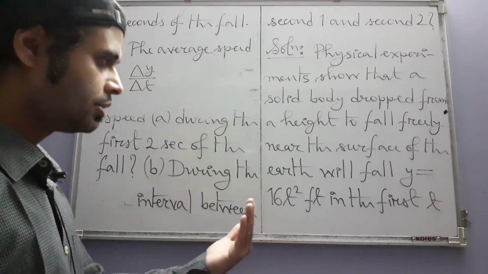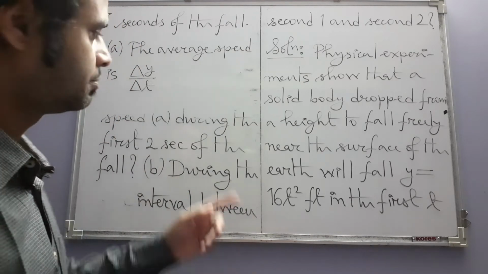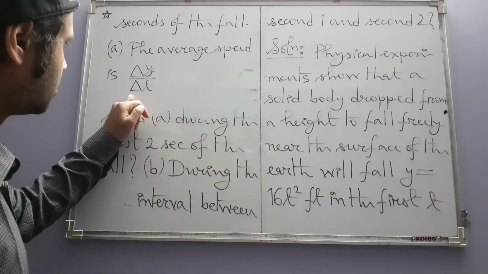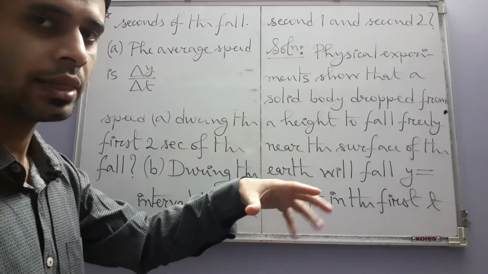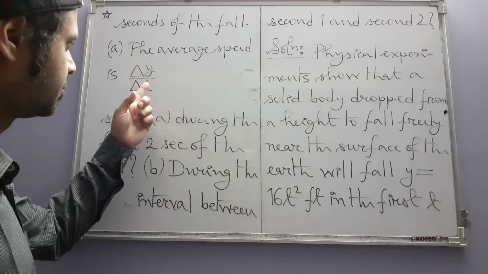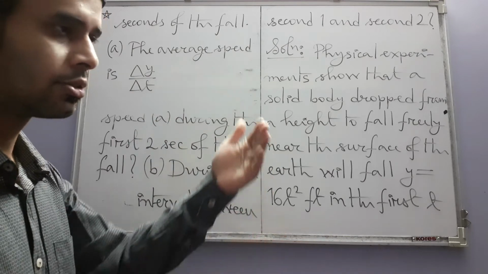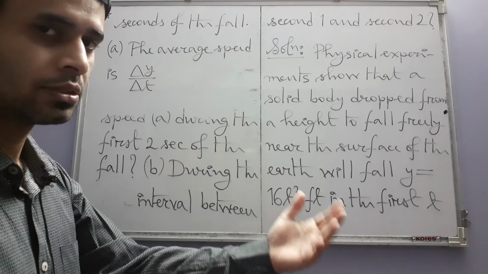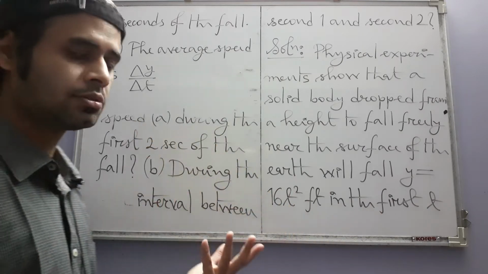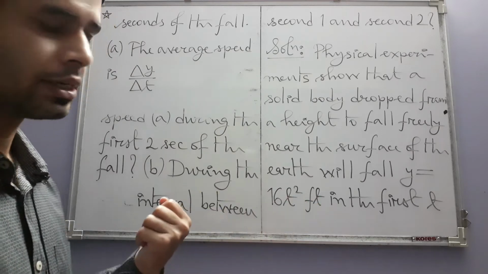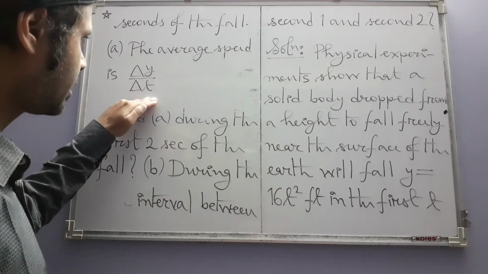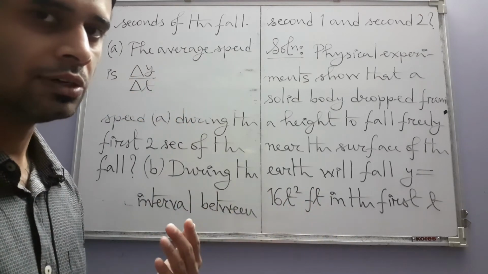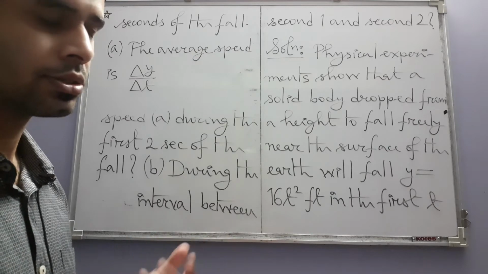Delta y is a change in the value of y. Delta t is a change in the value of t. In fact, delta t is the length of the time interval, the instant where your stopwatch stops and the instant where you started it. And during this time interval, the body has traveled a distance delta y, which is a difference in the y value, that is the distance value.